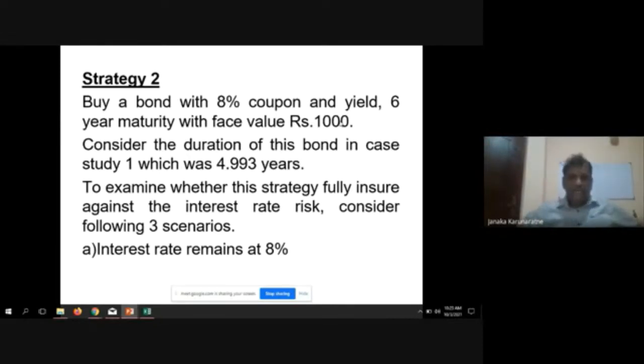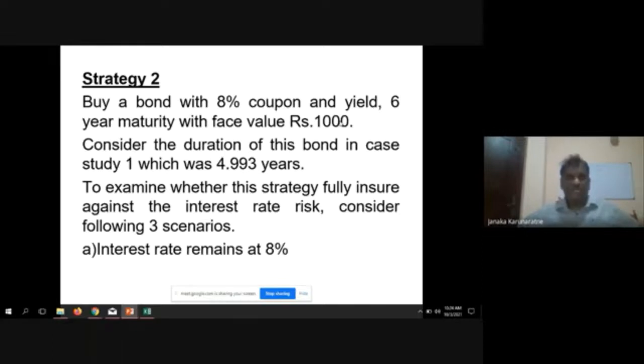Right? Now, the first strategy would be to match with a zero coupon bond with a 5-year maturity at a yield of 8%. Then your problem is solved. The second way out, if you don't have a zero coupon bond, is that this particular bond with 8% coupon and yield, 6-year maturity, also has a duration of 5 years.